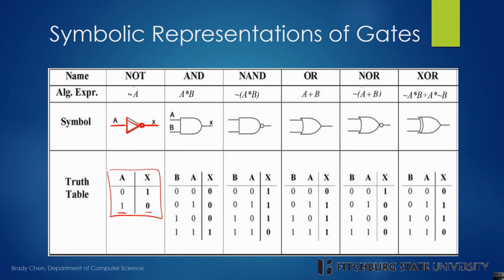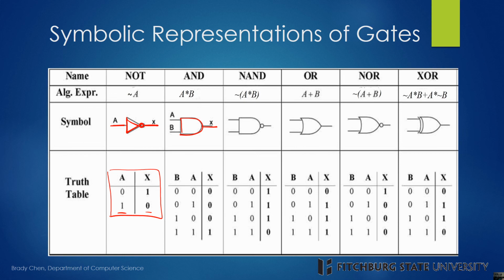And then here's the AND gate. We use this notation. Now the AND gate has 2 input lines, A and B, and there's 1 output line, X. So we also use the electricity. If we apply electricity on one line, then that represents the value 1. If we don't apply electricity, then that means it's 0.